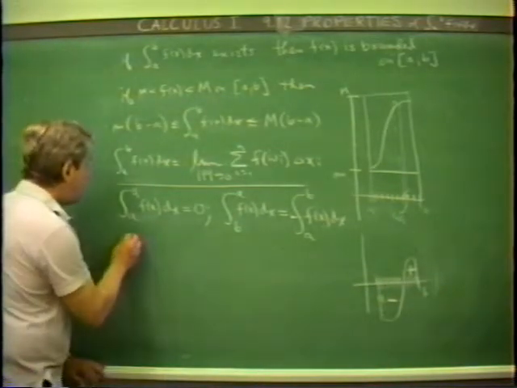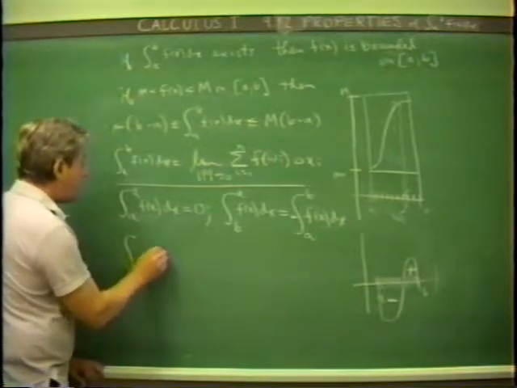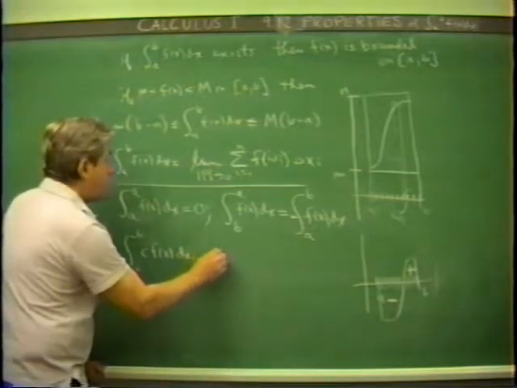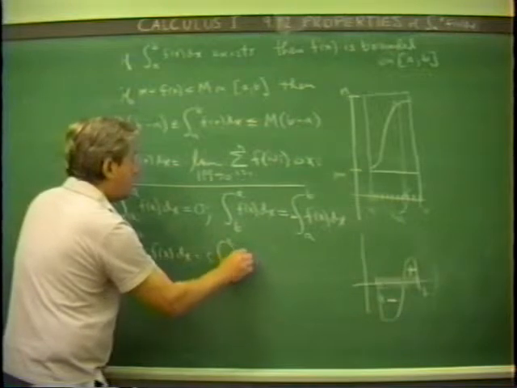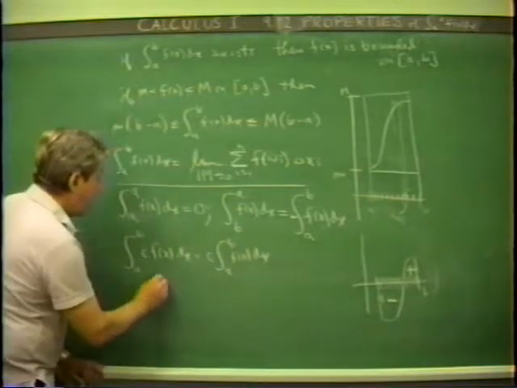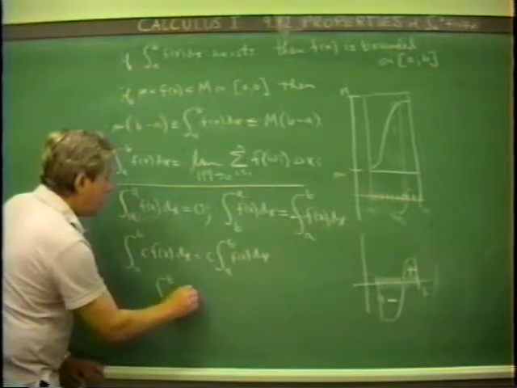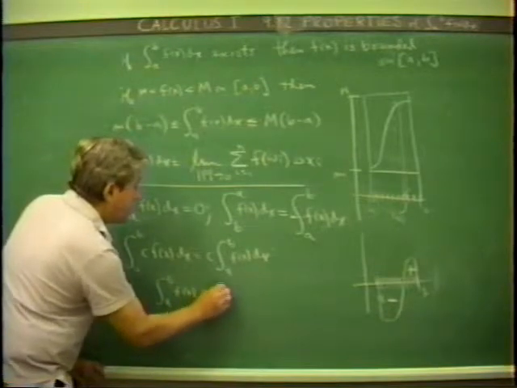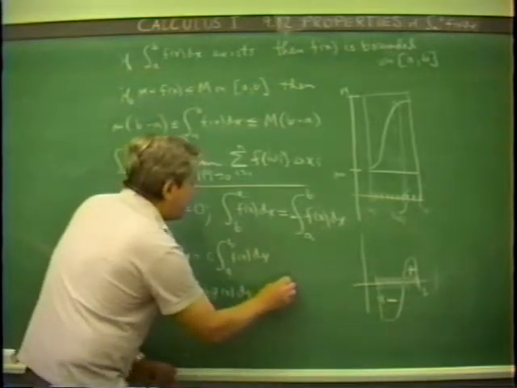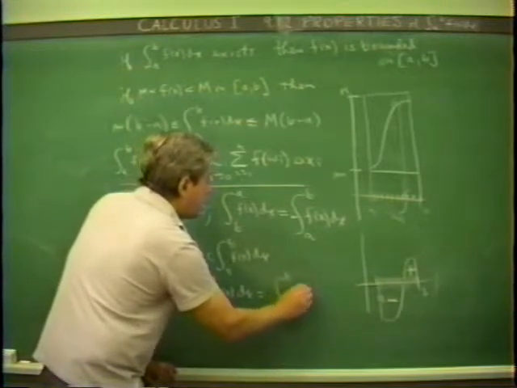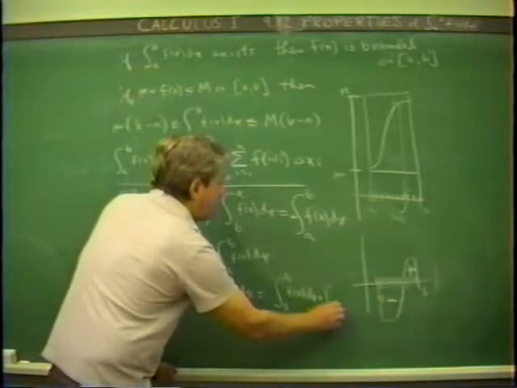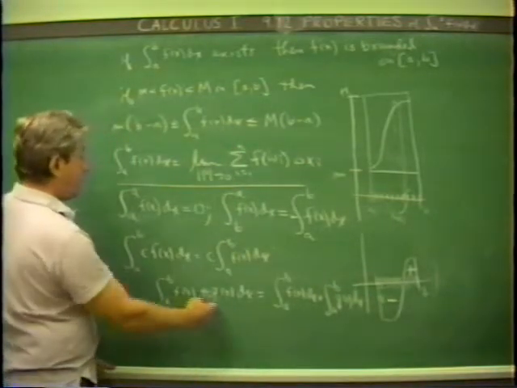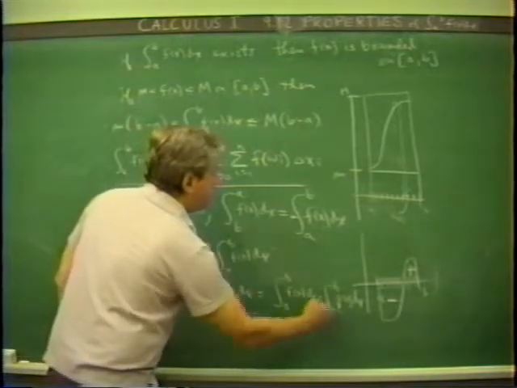Right. Two properties of integrals follow almost immediately from the corresponding properties of sums. That's to say, the integral of a constant times f of x from a to b is the constant times the integral from a to b of f of x with respect to x, and the integral from a to b of f of x plus g of x with respect to x is equal to the integral from a to b of f of x plus the integral from a to b of g of x.